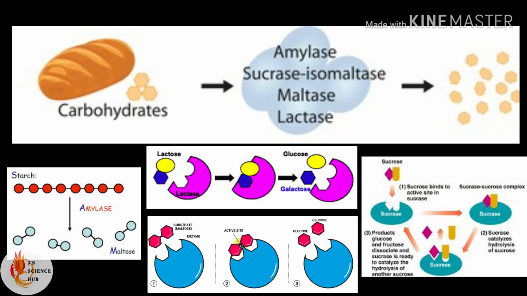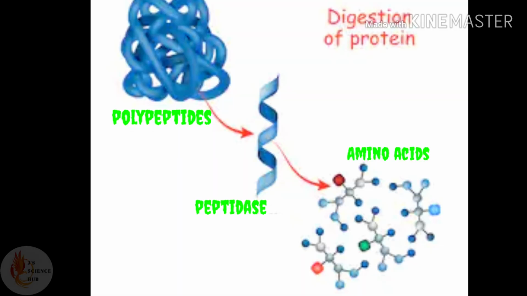So now you understand that the complex carbohydrates which we consume as food are now converted into monosaccharides, which are the simple units of carbohydrate. So now the carbohydrate digestion is also complete. Now only proteins are present, in the form of polypeptides, right? Due to the action of peptidase present in the intestinal juice, polypeptides are turned into amino acids.